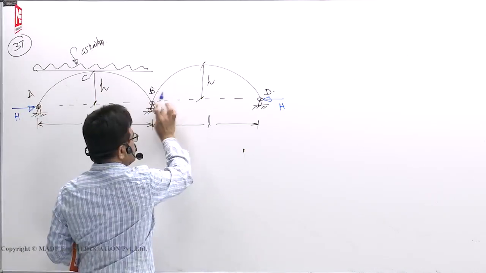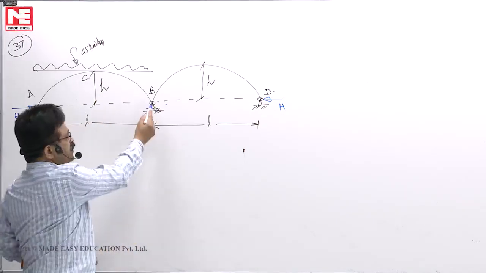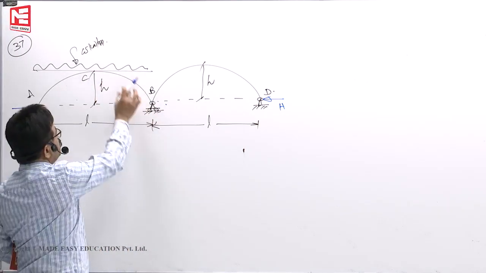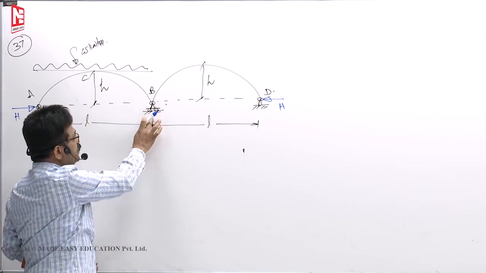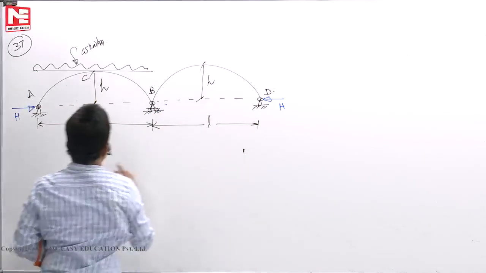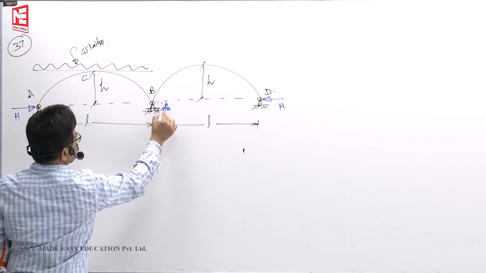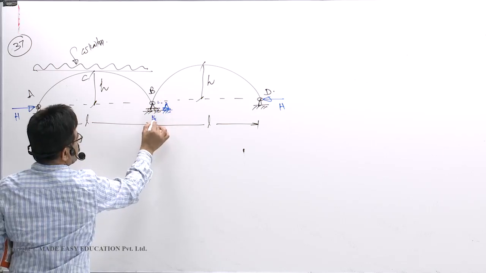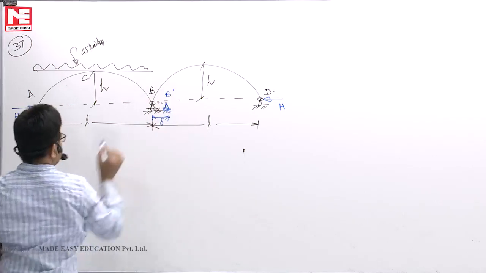And if it remains there only, here there will be no horizontal thrust at all. But it is not remaining. When you apply load and it presses down, it goes to the right side. But no reaction here, H and H will develop. B will go slightly up to here. It sways to the right side by some delta, let us say. B will go to B dash.